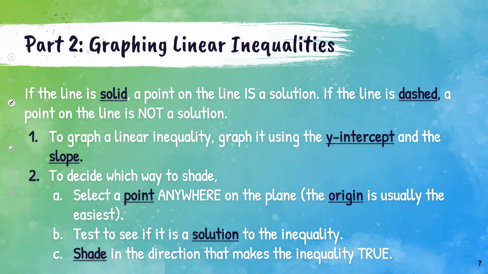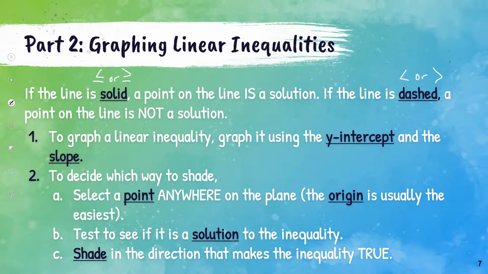If the line is solid, a point on the line is a solution. But if you have a dashed line, so that's when you have less than or greater than, a point on the line is not a solution. So remember, solid is going to be less than or equal to or greater than or equal to. Dashed is less than or greater than.